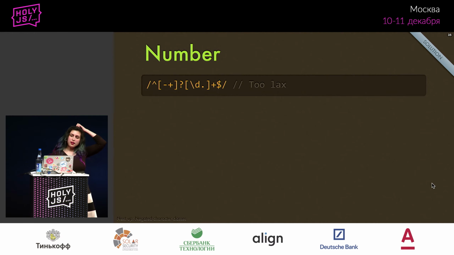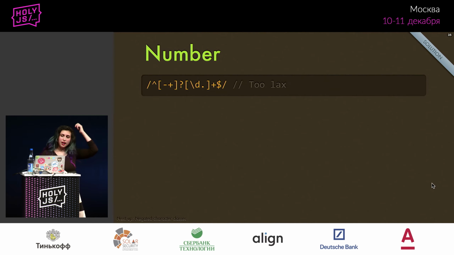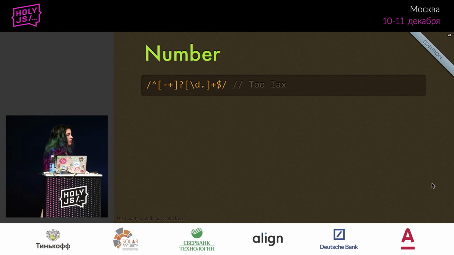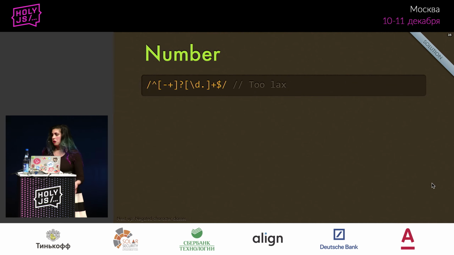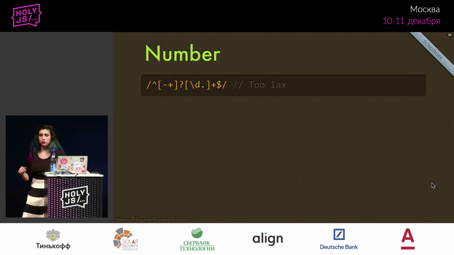So, the first example we might think of looks like this. I saw some examples like that. And this will match the correct numbers, but it's also too relaxed. It will match numbers that are just a series of dots and don't have any digits, or have multiple periods, or all sorts of things like that.